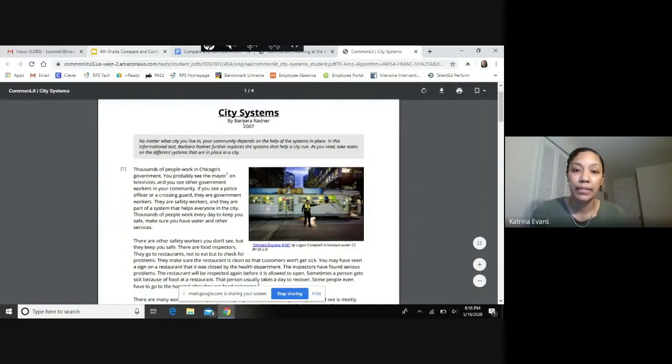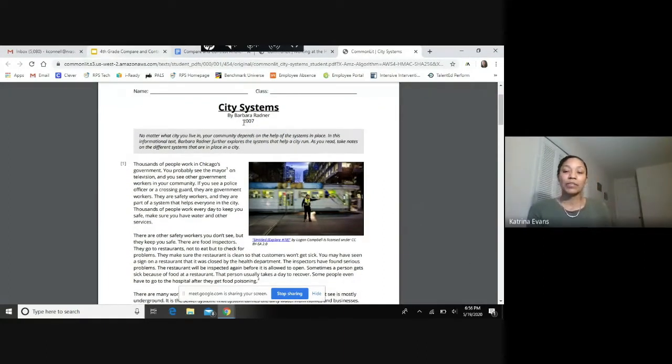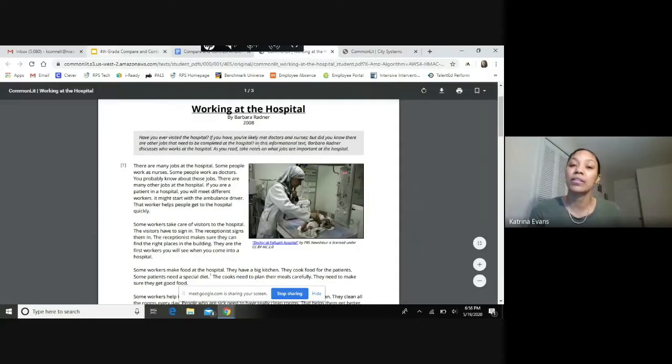City Systems. As we're reading this story, I want you to be thinking, how is City Systems similar and different to the story we read yesterday, which was Working at the Hospital?